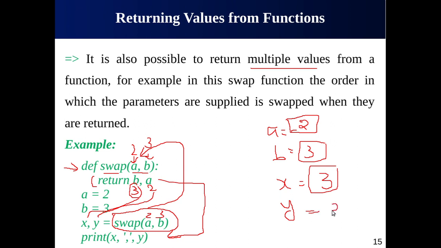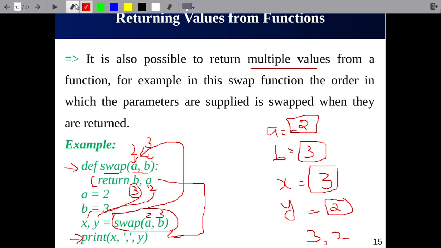So y will contain 2 now. In the next statement, we are printing the value of x and y. So this will display 3 and 2 on the screen. So you see, we provided 2 and 3 to the function, and it returned 3 and 2 to the user. Okay, so we have swapped the values.